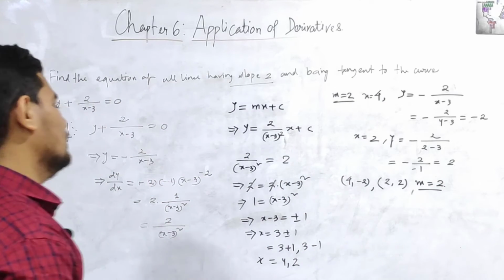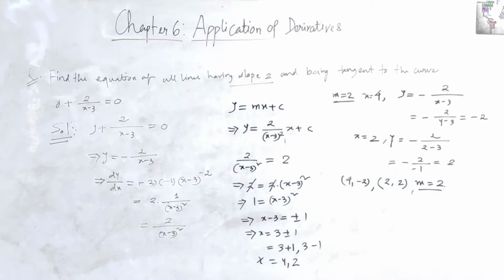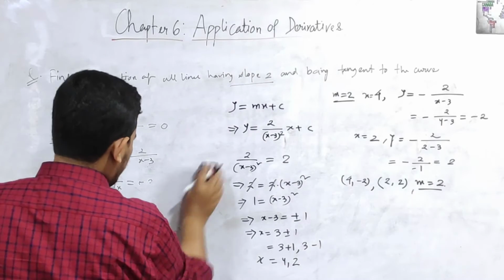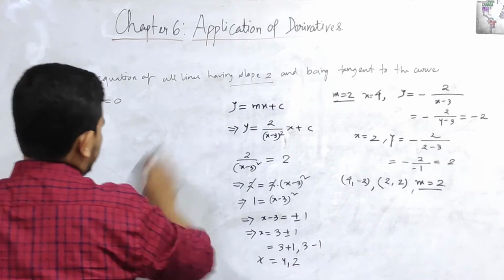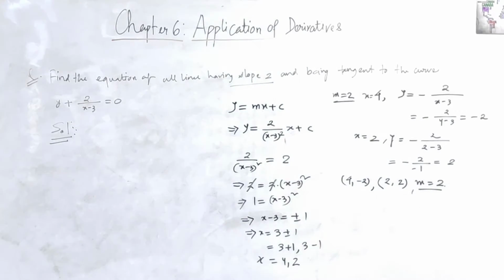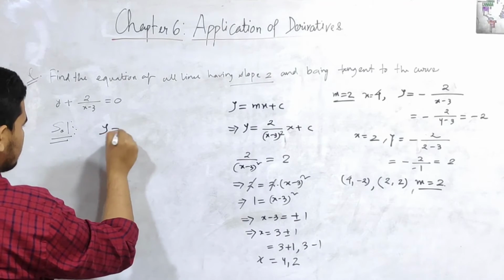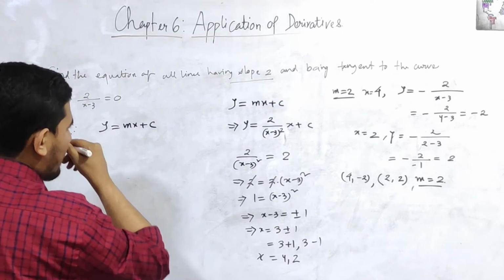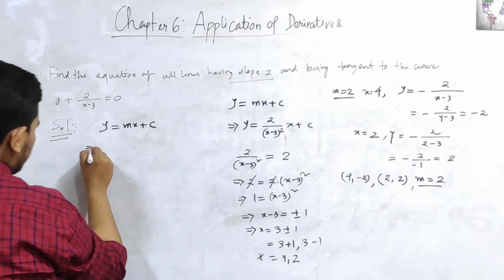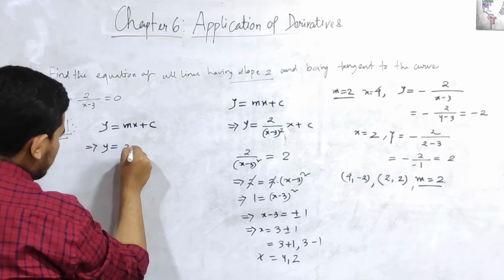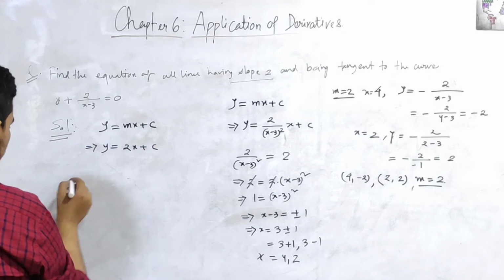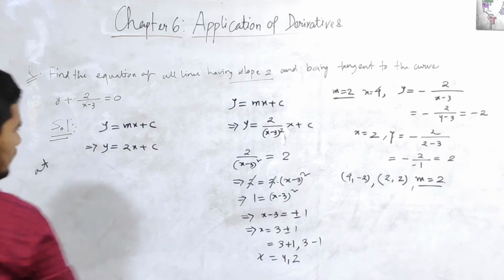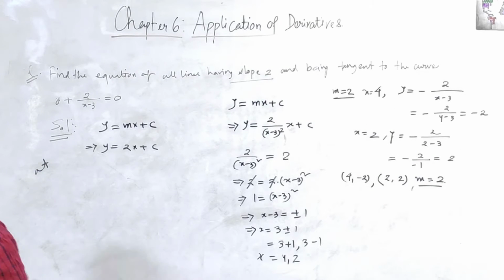So basically you can find out the equation of these tangents by this equation y equal to mx plus c. So y equal to twice x plus c. First of all, I will determine the line at 4, minus 2.